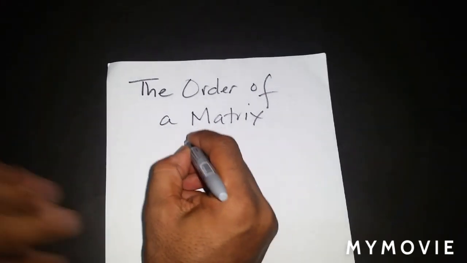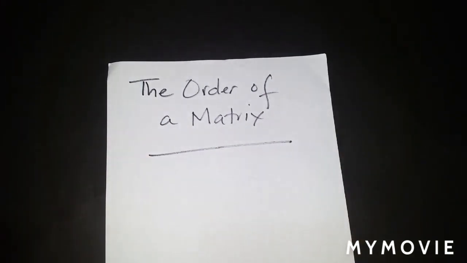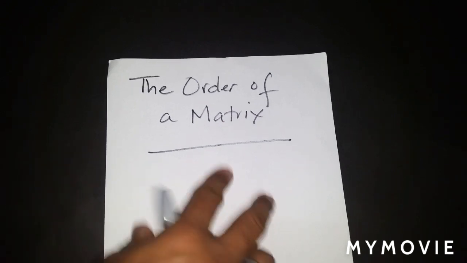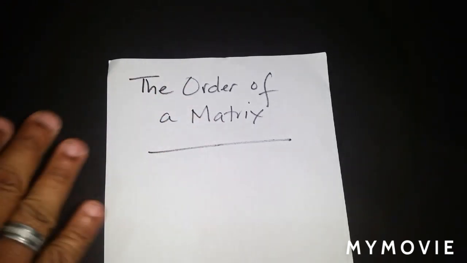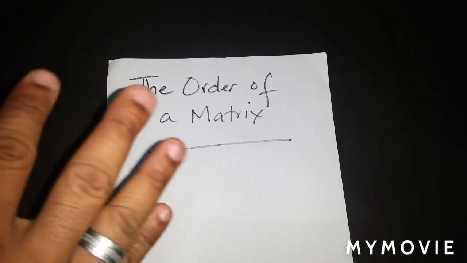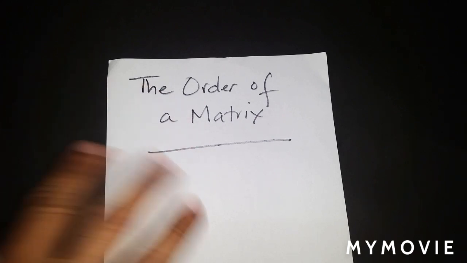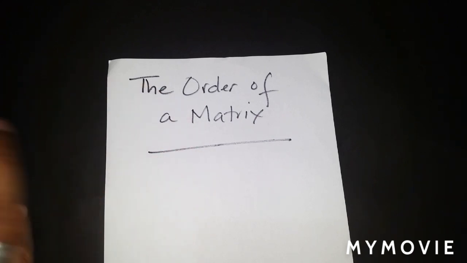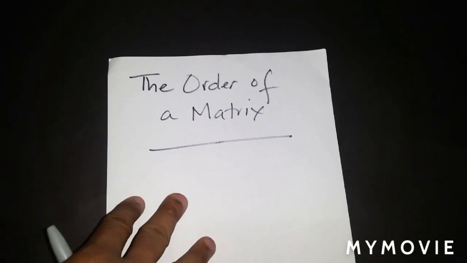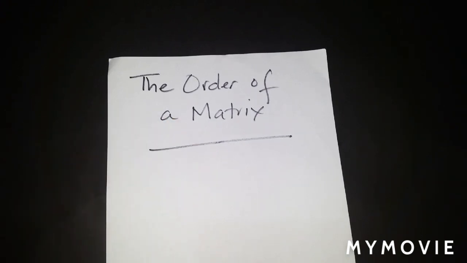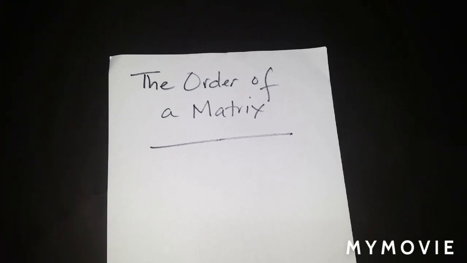Very, very important for us to understand, because if you don't understand the order of a matrix, then you're going to run into some problems when you start looking at questions, when you start learning about conditions on how to use matrices, and actually working on problems. So the order of a matrix is extremely important. Now, what do we mean here? Now let's take a look at these two.